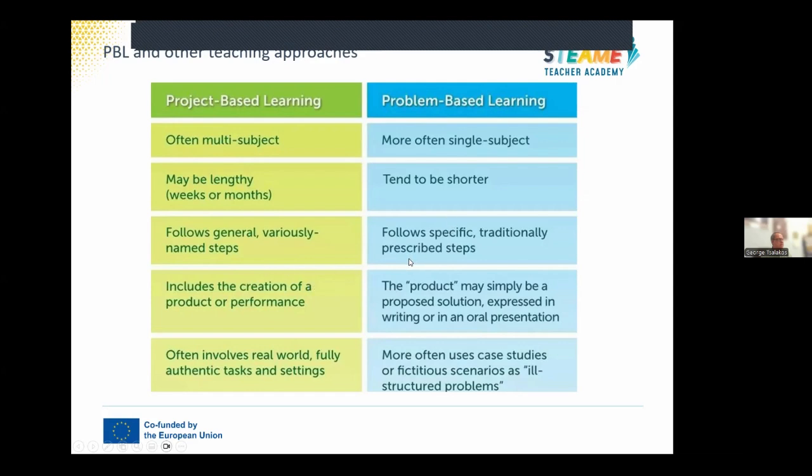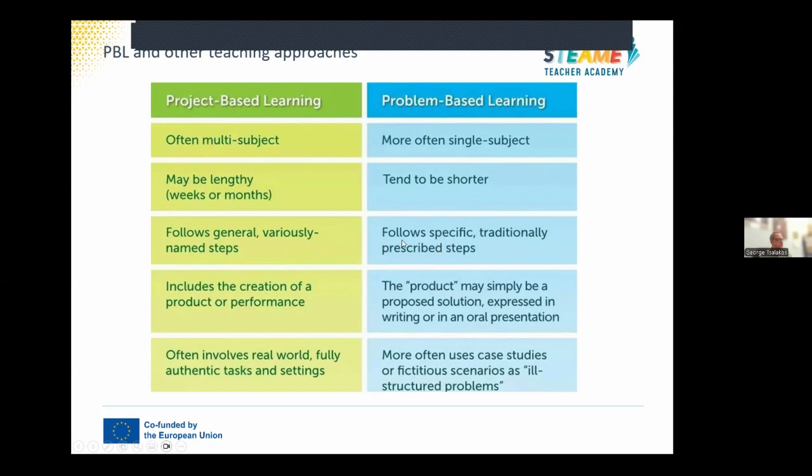And I would like to say that project-based learning may include some stages of problem-based learning, and we cannot state the opposite.